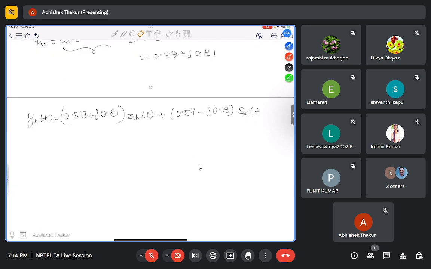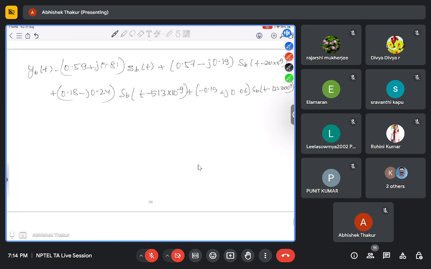So here we have to do t minus 201 into 10 to the power of minus 9, and then plus 0.18 minus j of 0.24 into s_b(t minus 513 nanosecond), plus minus 0.19 plus j into 0.06 s_b(t minus 1223 nanosecond). So this was the part 1.